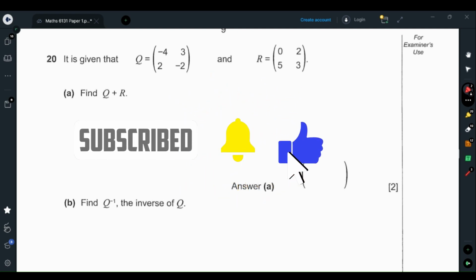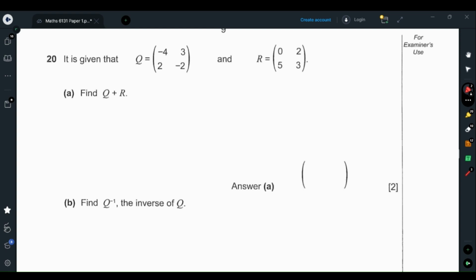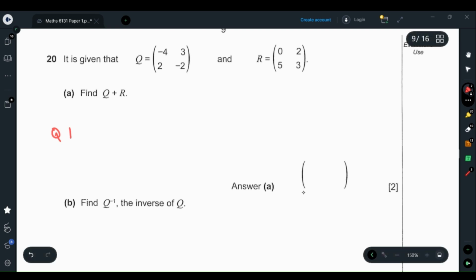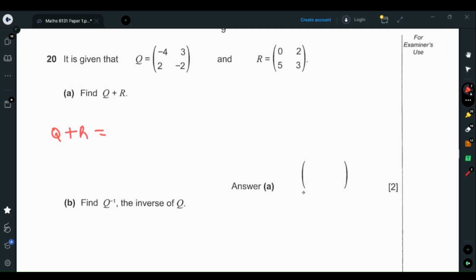Right, so question 20. It is given that Q is equal to that and R is equal to that. These are matrices. Find Q plus R. It's the same thing: I'll add elements in the same position together. That's how it's done. So 4 plus 0, 3 plus 2, 2 plus 5, minus 2 plus 3.